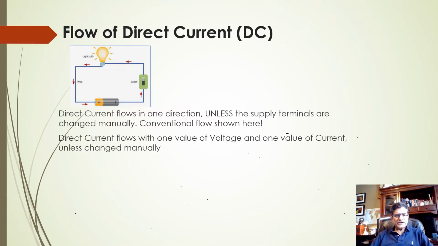Also, if this cell is 1.5 volts, the voltage applied to the bulb will always be 1.5 volts unless the battery starts weakening. Otherwise, DC voltage stays constant, and direct current also flows in one direction unless we change either of them.